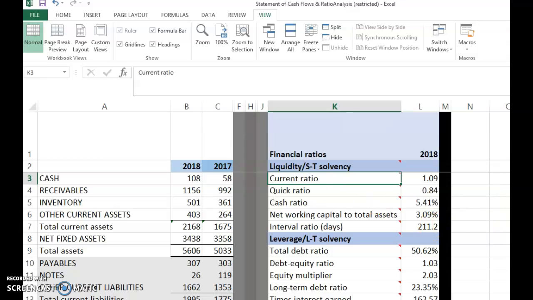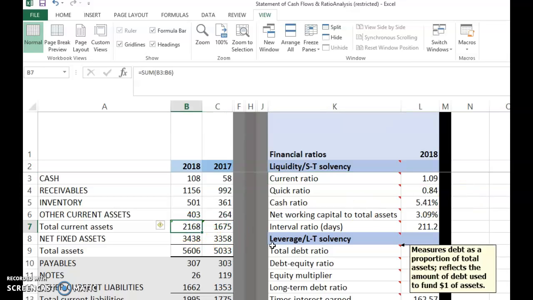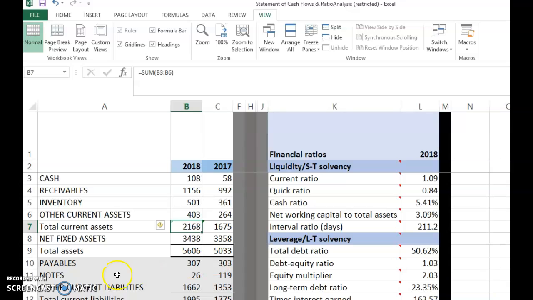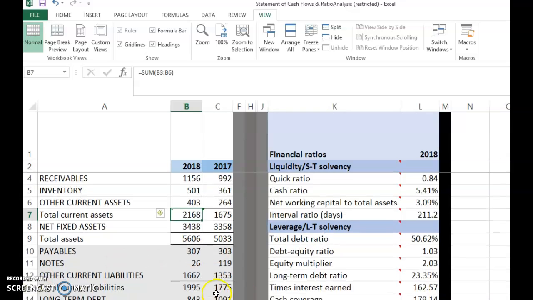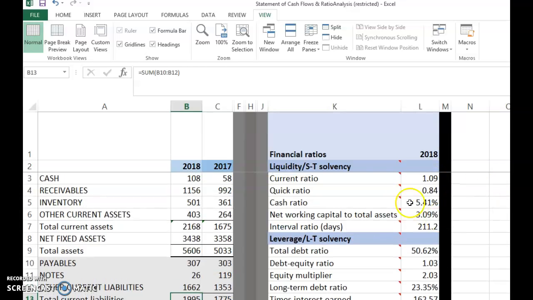For this example, you take the total current assets for 2018, divide by the total current liabilities for 2018, which is 1995. So 2168 divided by 1995, you get the current ratio of 1.09.